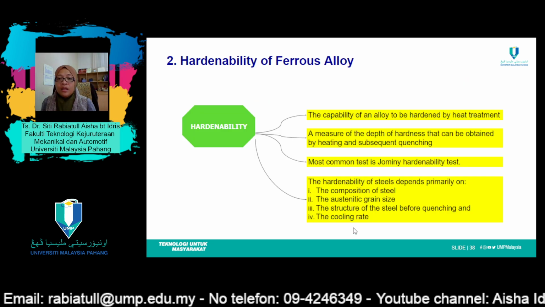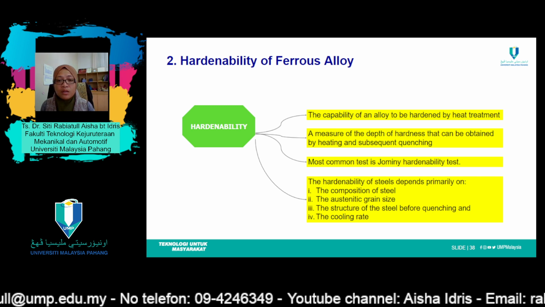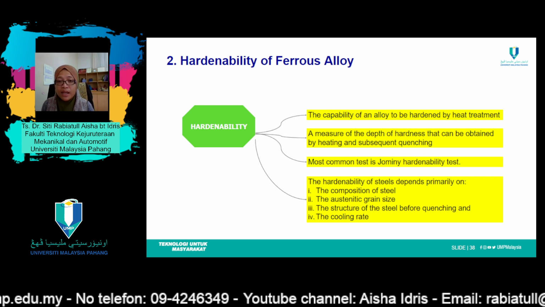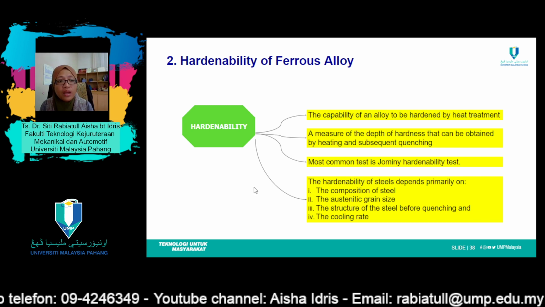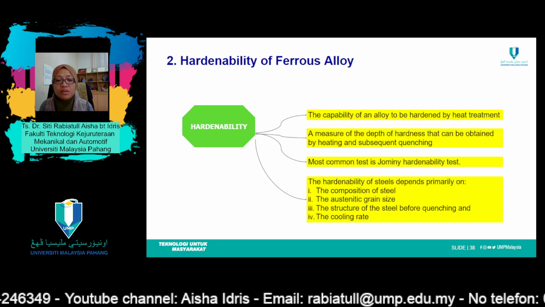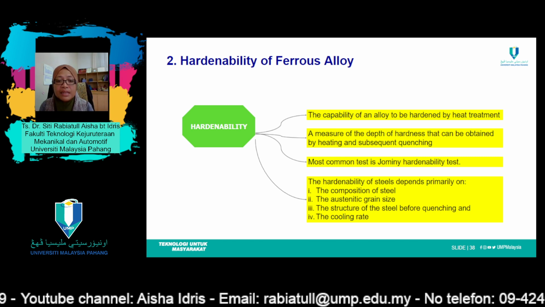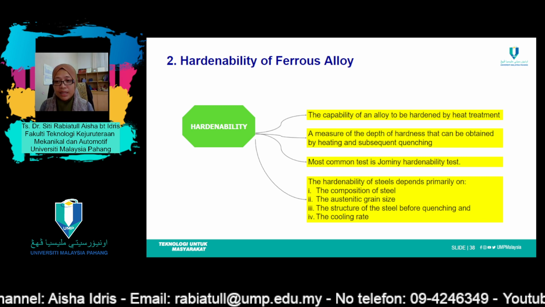Okay. Now let's move on to the next content, which is hardenability of ferrous alloys. Hardenability is a term used to describe a given steel's ability to harden, and it doesn't mean what hardness can be achieved.